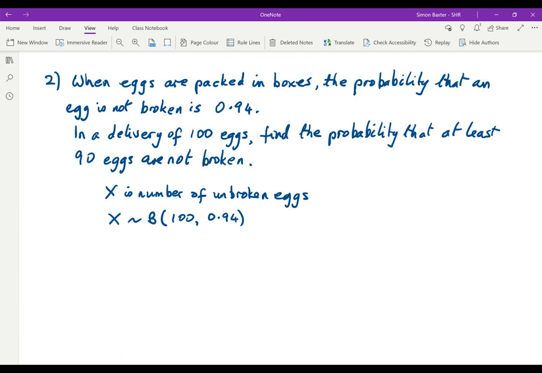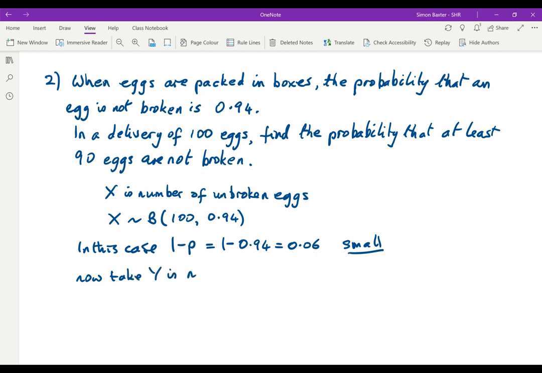But in this case, 1 minus p is 1 minus 0.94, which is 0.06, and that is small. So we need to turn it round. We take y as the number of broken eggs, the opposite of x.